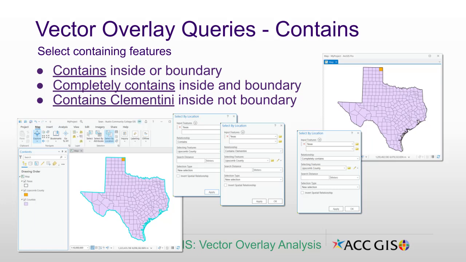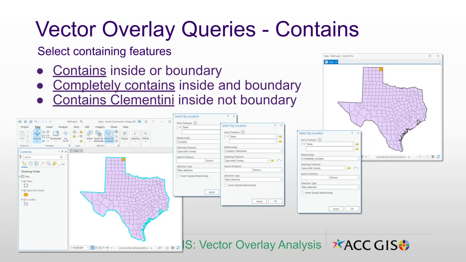And so if you look at the example in the lower left-hand corner, you can see that I'm running a select by location using contains, and contains Clementini. Where the input feature is set to Texas, the spatial relationship is contains or contains Clementini, and the selecting feature is Lipscomb County, which is the county in the far northeast corner of the panhandle.